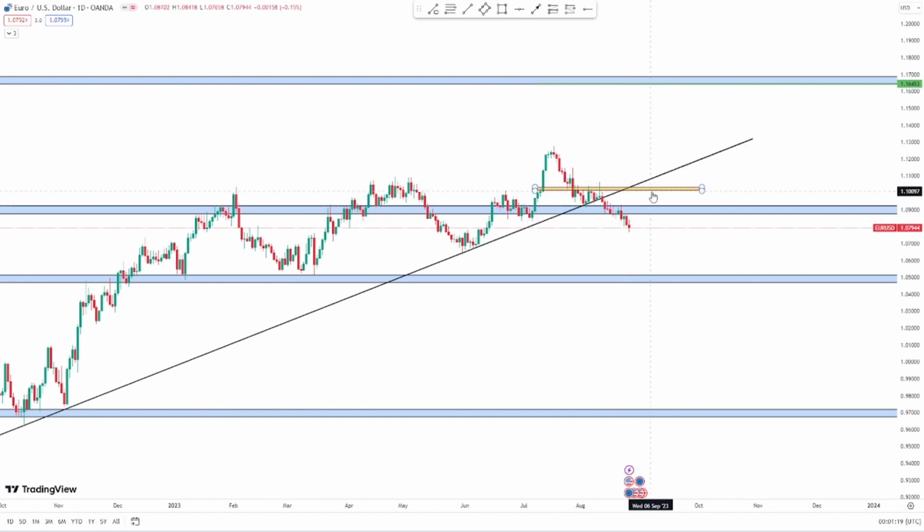A bounce off this region, a break of market structure, create a lower high around here, then boom, down. That's when I'll sell this market.